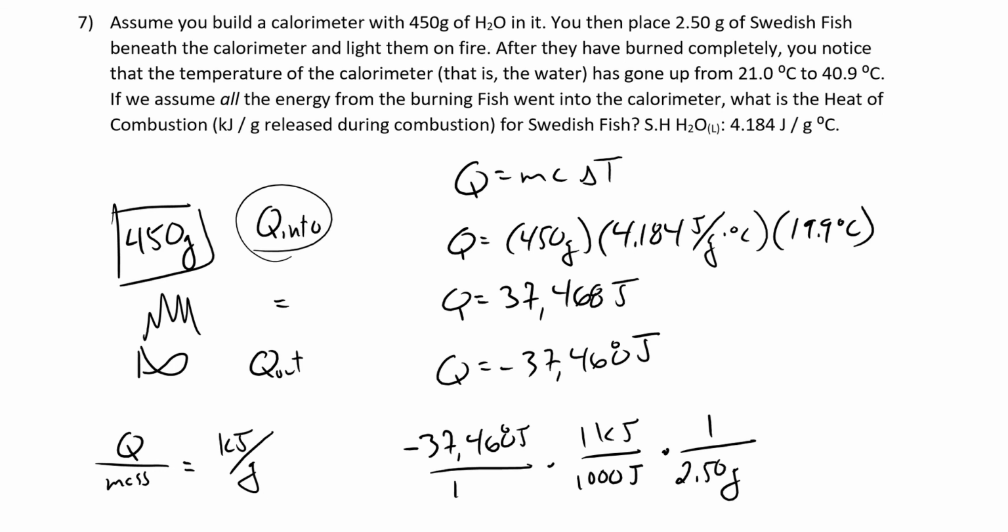As units cancel here, you'll notice that our units of joules cancel, leaving us with kilojoules over grams. And that gives us a value, when rounded to sig figs, of 15 kilojoules per gram.